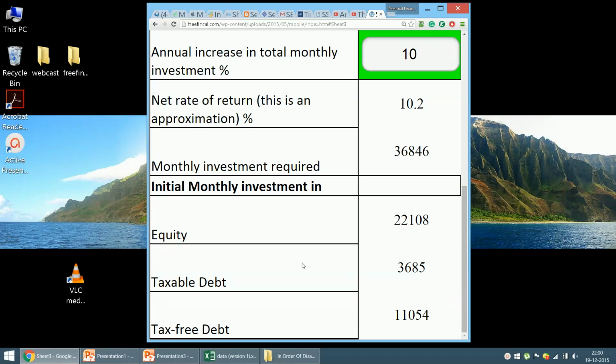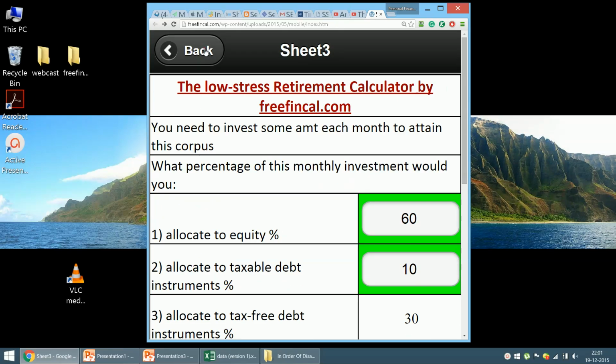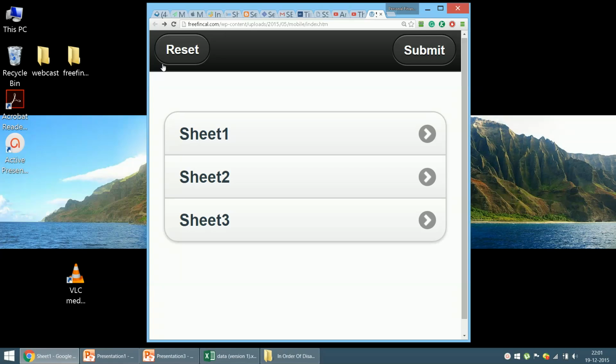Well, it will look scary. I know people who have not slept for many nights after they have used my retirement calculators. Well, they are meant to scare. I will be very clear about that. Retirement calculators are meant to shock you into action. It is not meant to shock you into paralysis.